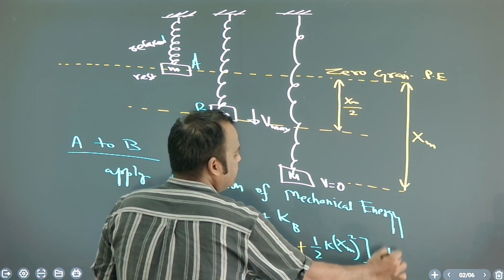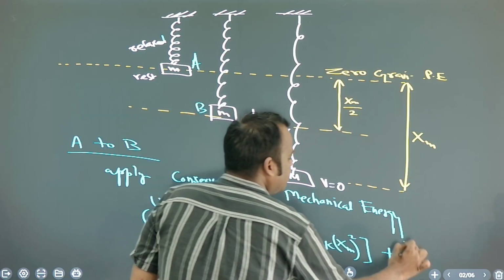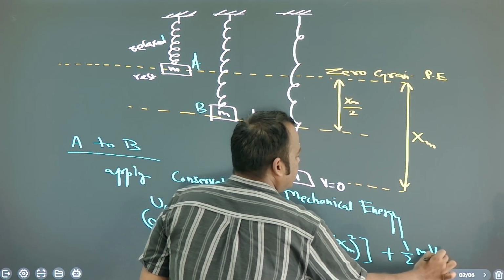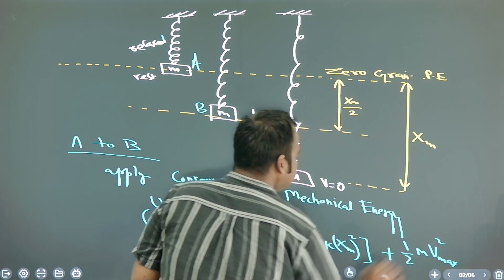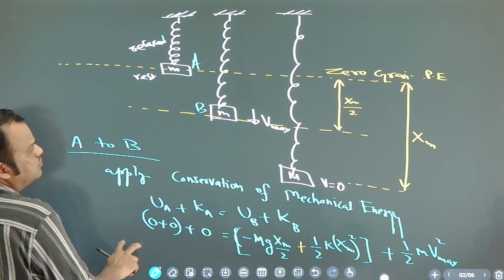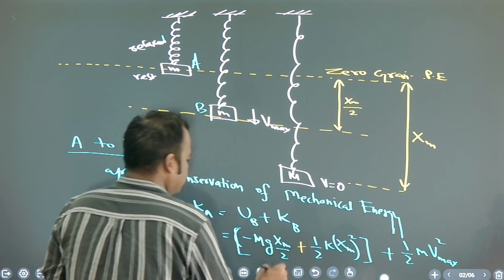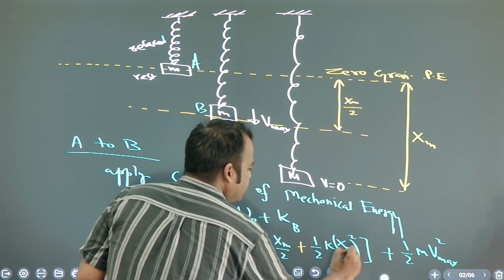Now what is the kinetic energy here? Kinetic energy half m v max square. Correct. Good. Very good. X max by 2 whole square.